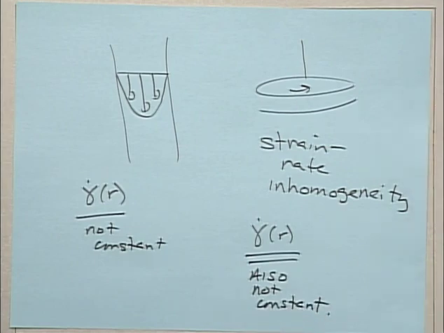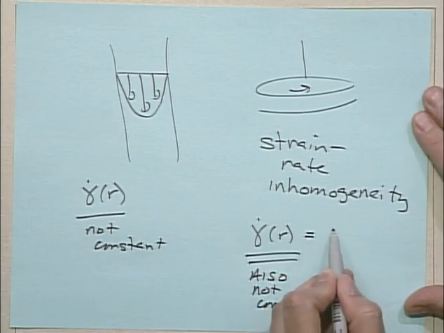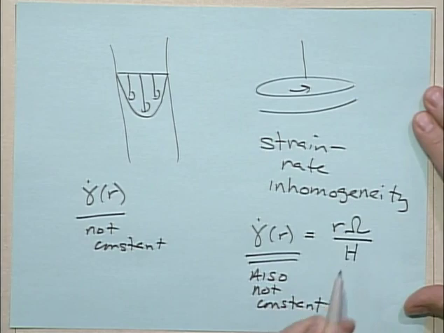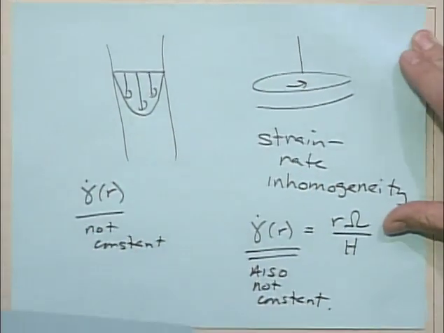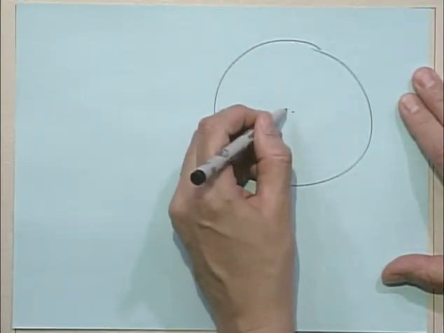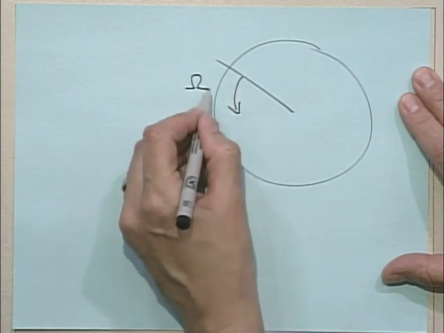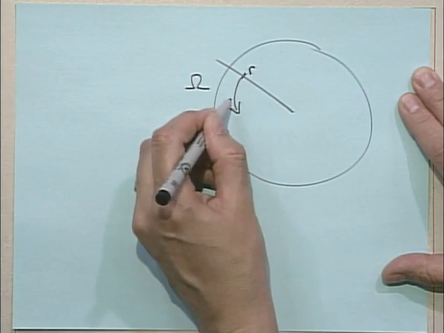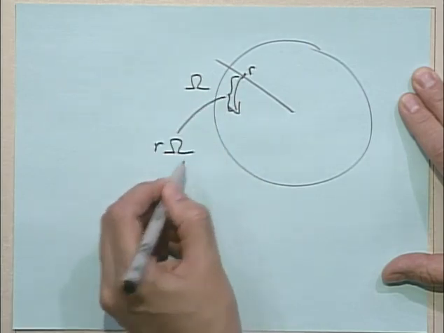Now the details of this flow are worked out in the text. The shear rate is given by r omega over h. That's because if you look down on the parallel plate, this is moving along at some angular velocity omega. So at some position r, this arc length is r omega.